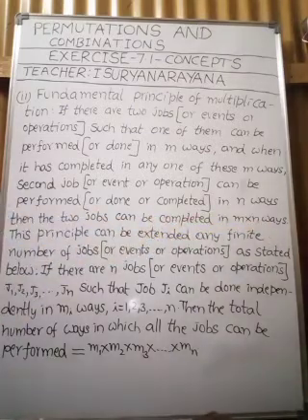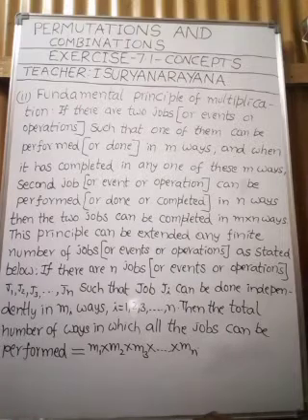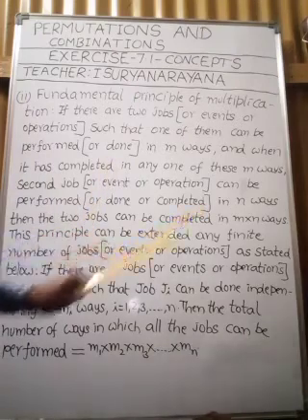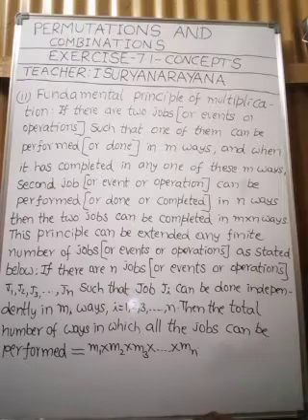Okay, my children, in the previous example, consider the number of ways a person can enter the room and exit the room. Two operations are there. Entering the room is one job and exiting the room is the second job.